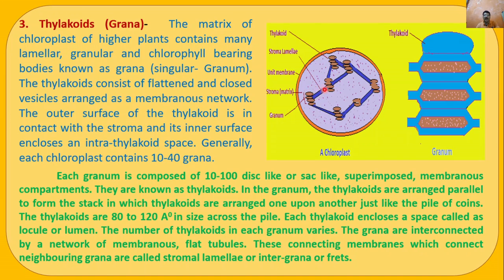They are both connected to each other by this stroma lamellae. Here you can see this is stroma lamellae, here stroma lamellae, these are stroma lamellae. So these parts are known as stromal lamellae, or intergrana, or also frets. So these are the thylakoids or the grana part.